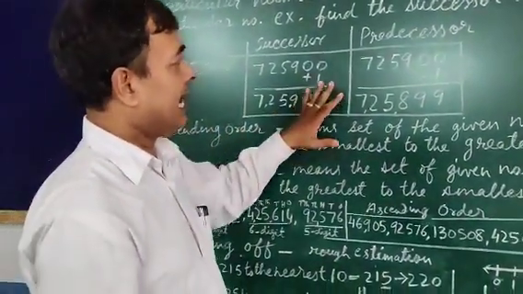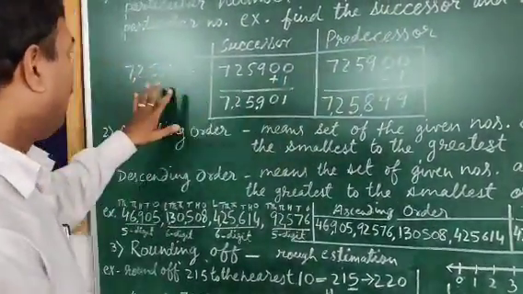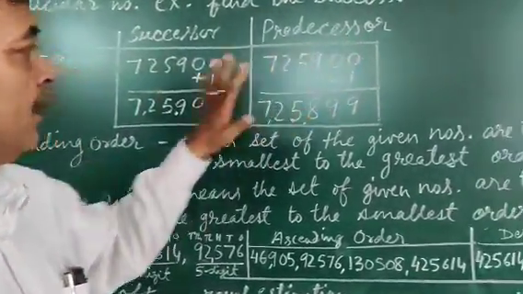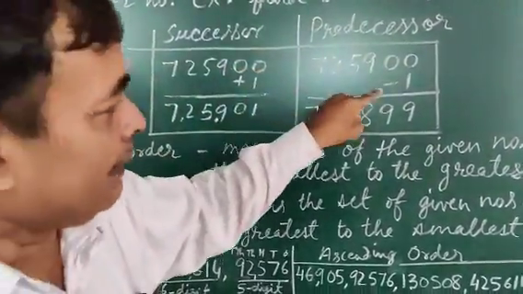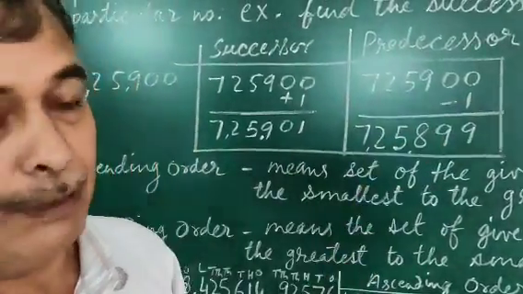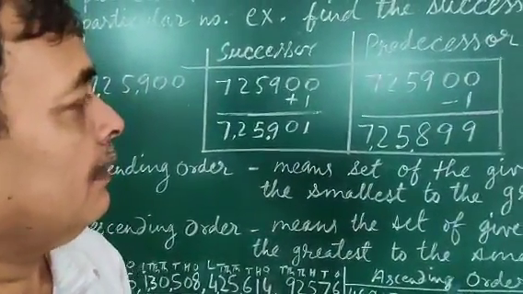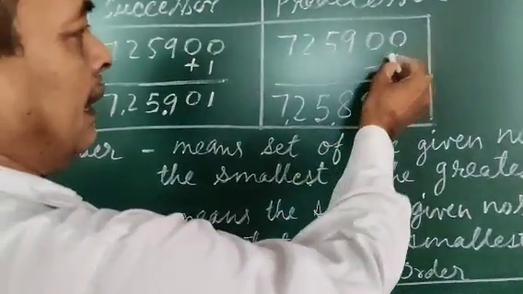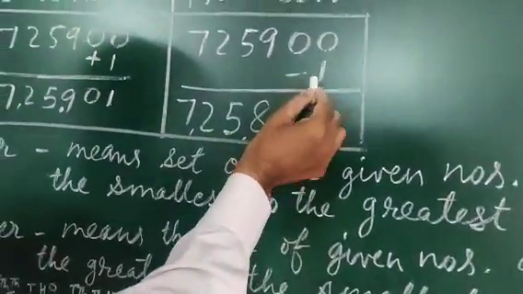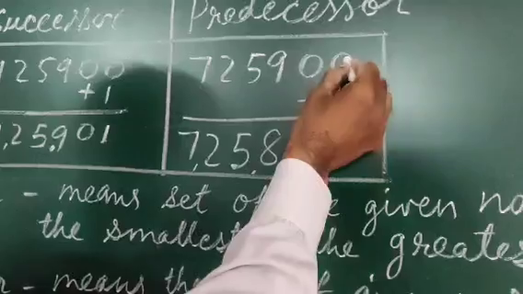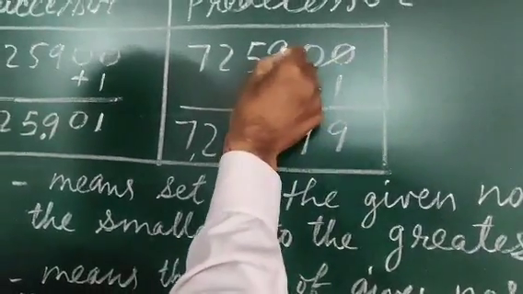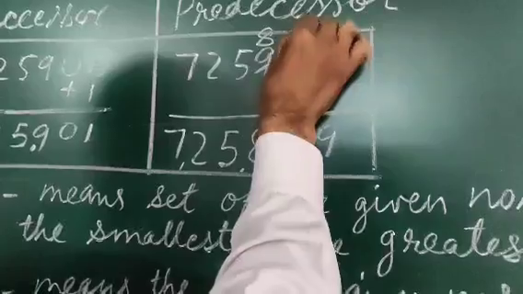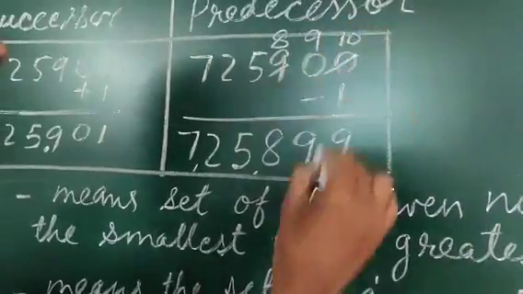Now, let us learn how to find predecessor of this number. To find predecessor of this number, we will subtract 1 from this number. Let us subtract 1 from this number. Below 0, here is 1. We cannot subtract 1 from 0, so we will borrow 1 from here. It will become 8. It will become 9, and this number will become 10.